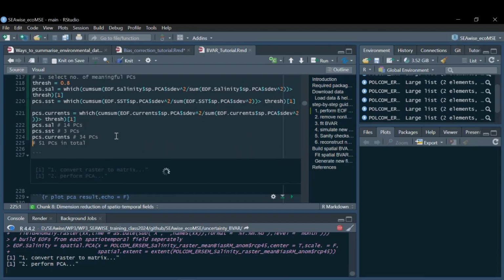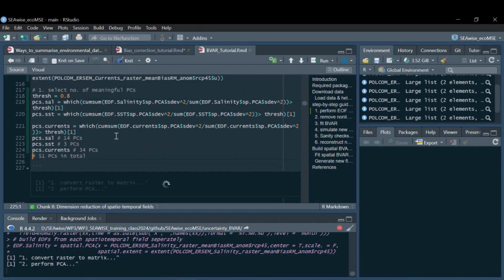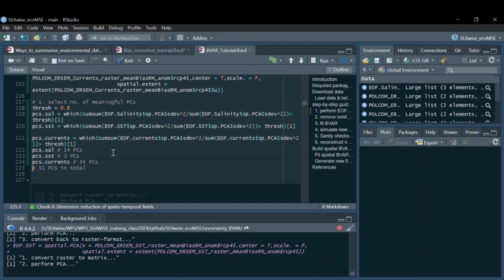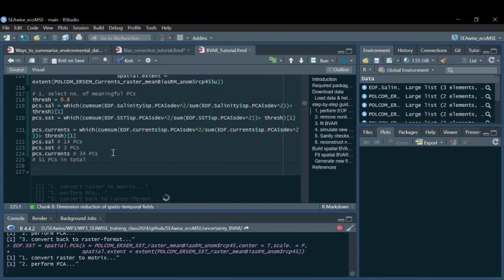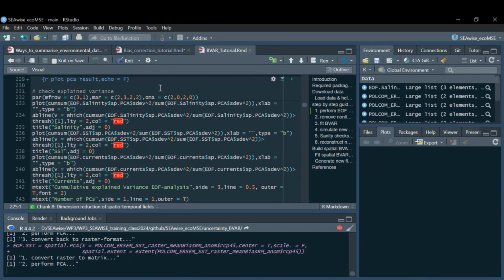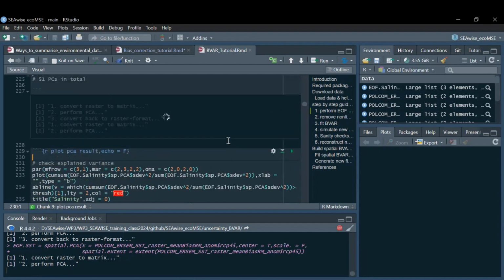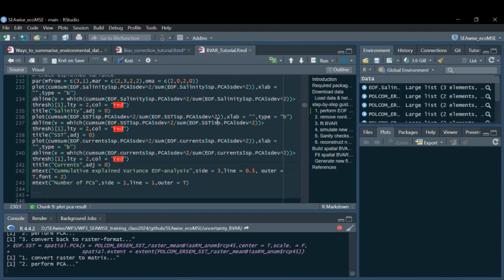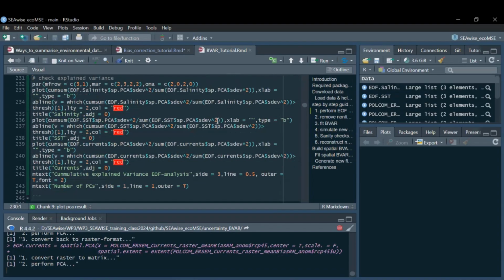You can also try to look at a scree plot, or where the elbow is, to select a meaningful number of PCs. But I just selected this arbitrary threshold of 80% here. And then we can look at the explained variance that we get for all those different data sets.